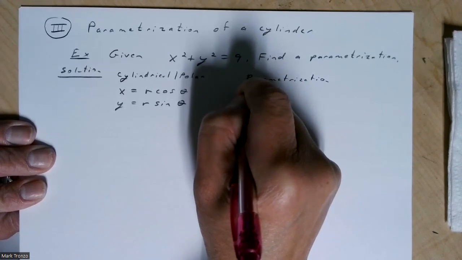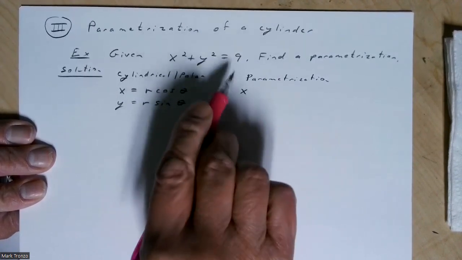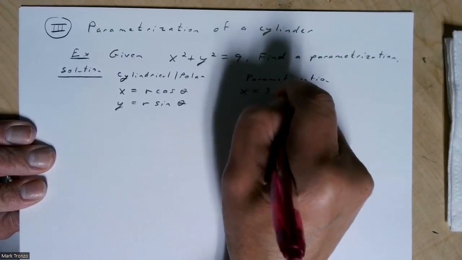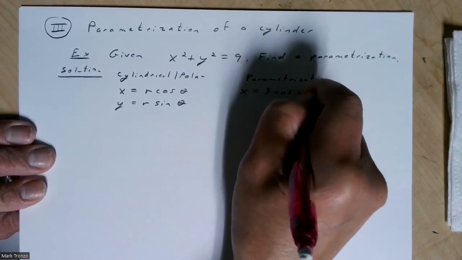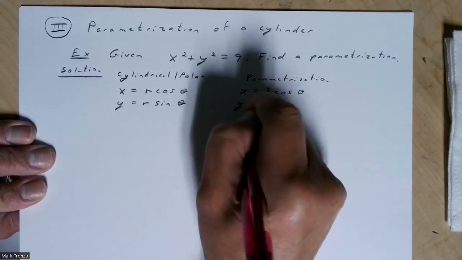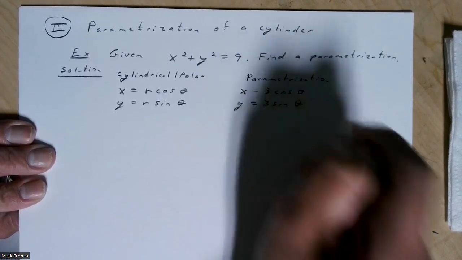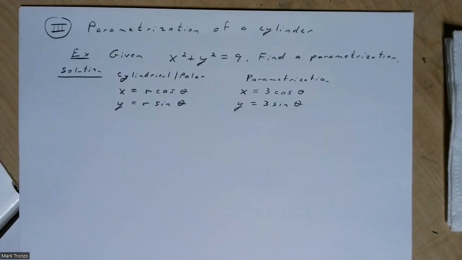In this case our radius is 3, so x is 3 cos theta, y is 3 sine theta, and z can vary.